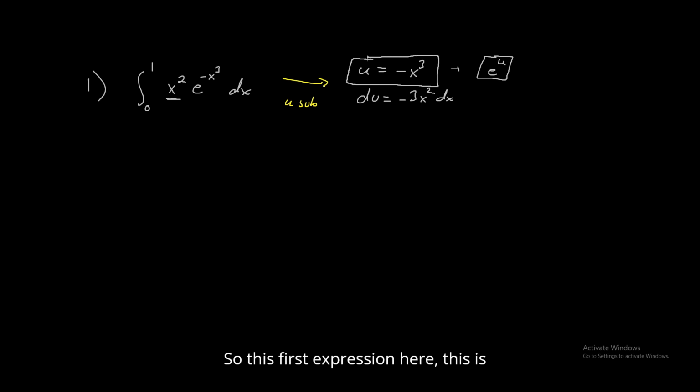So this first expression is pretty easy to plug in, and then our equation for du just needs a little work, because we just want to isolate this x squared dx, since that's what we have left over here. If we divide both sides by negative 3, we get negative 1/3 du is equal to x squared dx.